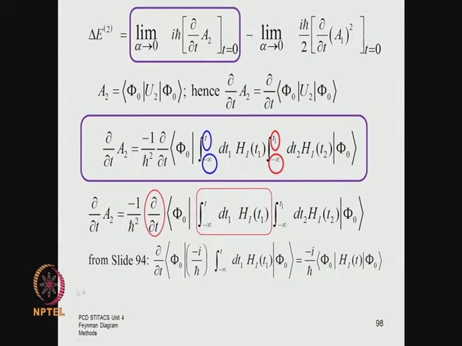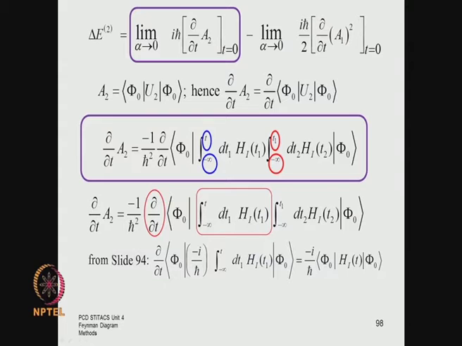Because in our earlier analysis, which is there in just a few slides back, we already have this result that when you take the time derivative of this matrix element of the first order term, you end up getting the matrix element of the interaction picture operator with the argument t, which is the upper limit of integration here. Okay? The dummy variable t1 gets integrated out. So, this result we have already seen, and we can plug it in over here.